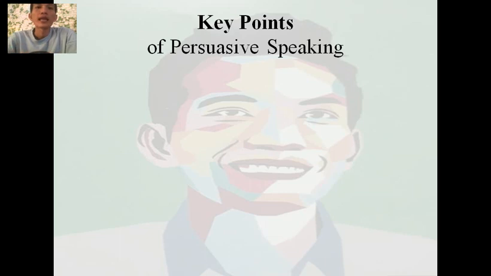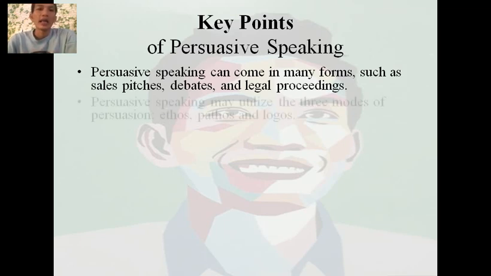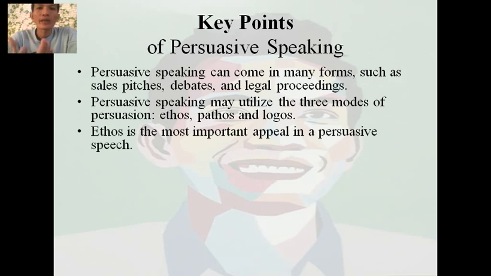And what are the key points of persuasive speaking? Persuasive speaking can come in many forms, such as sales pitches, debates, and legal proceedings. And the second, persuasive speaking may utilize the three modes of persuasion: ethos, pathos, and logos. And ethos is the most important appeal in a persuasive speech.